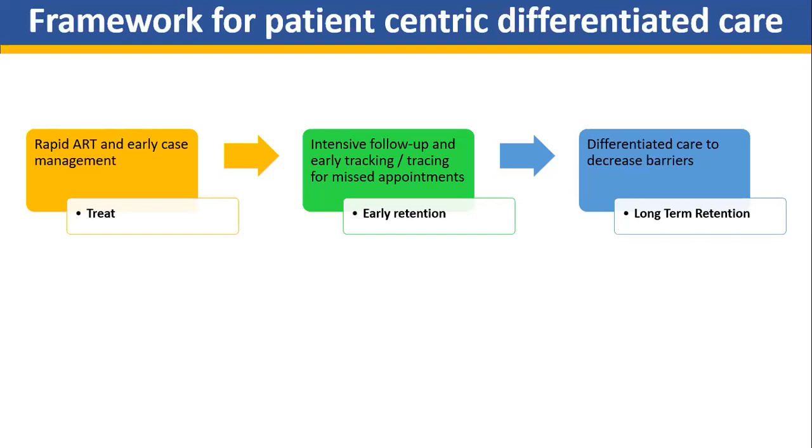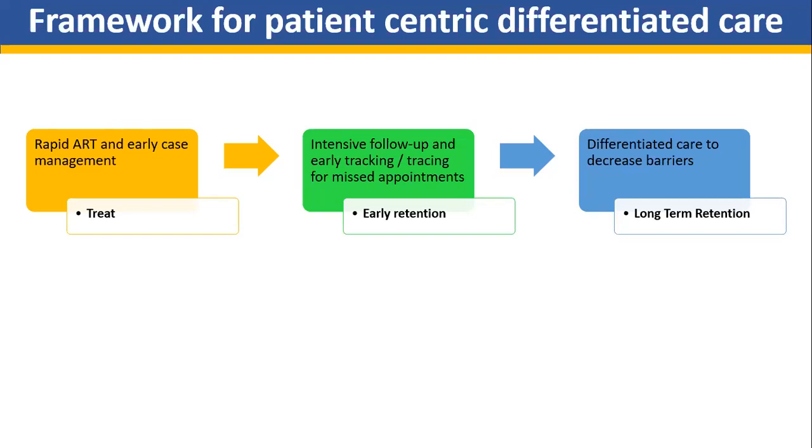This is based on their needs, clinical status, and duration of ART, and this provides an opportunity to the ART center staff to prioritize and look for the needs or requirements of special patient groups. So at the time when we are initiating ART, during the follow-ups, if we identify certain issues, we can prioritize those issues, we can counsel on those issues, and we can help the patient address those issues and improve the retention in the program.